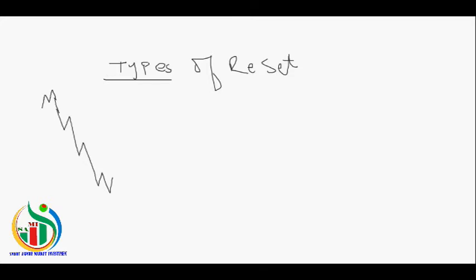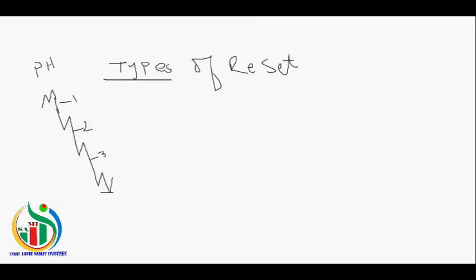This one is known as a peak high. This one is the peak low. After this one should be 1, this one is 2, this one is 3, then we have the peak low.